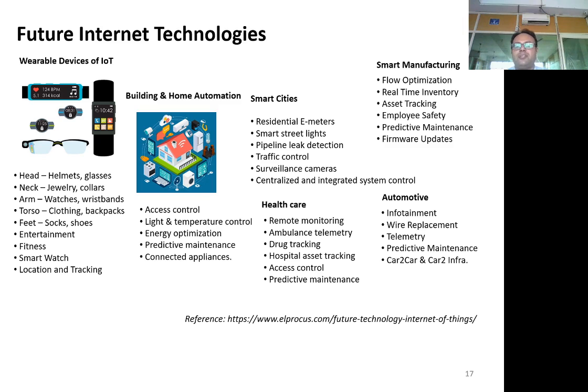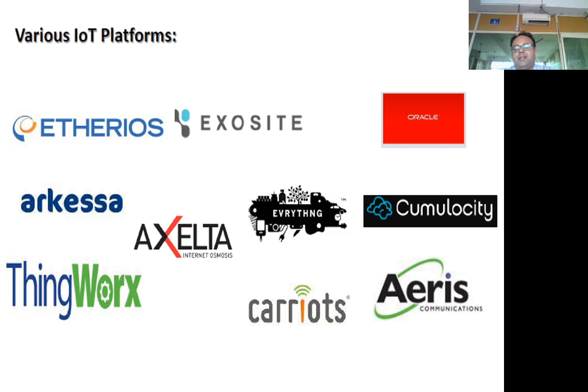Apart from this, we have applications for home automation, like access control, managing light and temperature, energy optimization solutions, predictive maintenance, centrally connected appliances and all. So lots and lots of applications are going to come in the future, but there are very popular platforms that help us build these kinds of applications, and some of them are ThingWorks, very popular.